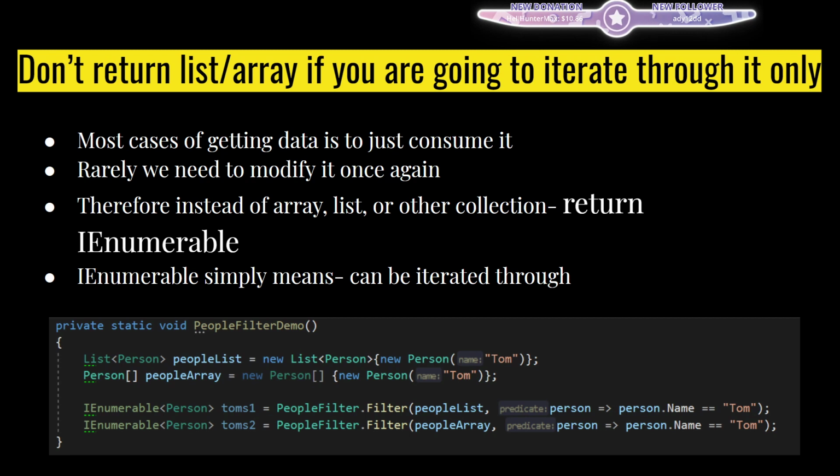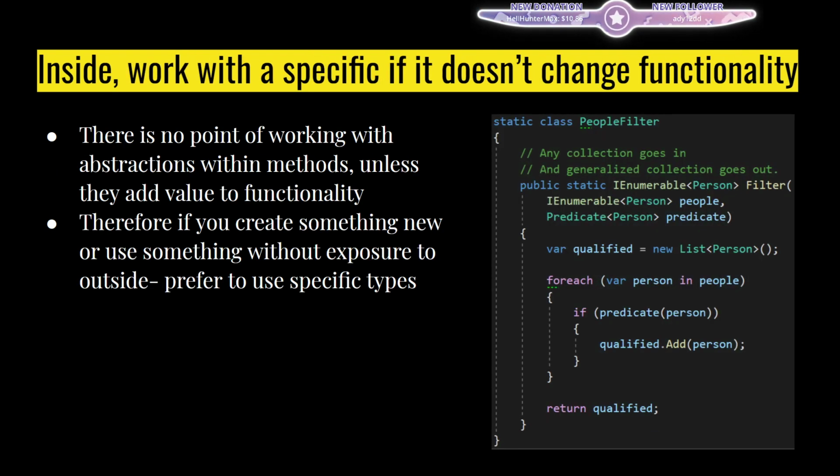And yet when you look at what method we call, the same method, which takes either a list or an array. You might think to yourself, hey, that looks like an overload. But in reality, it's a single method, which takes IEnumerable, a generalized form for both arrays and lists.